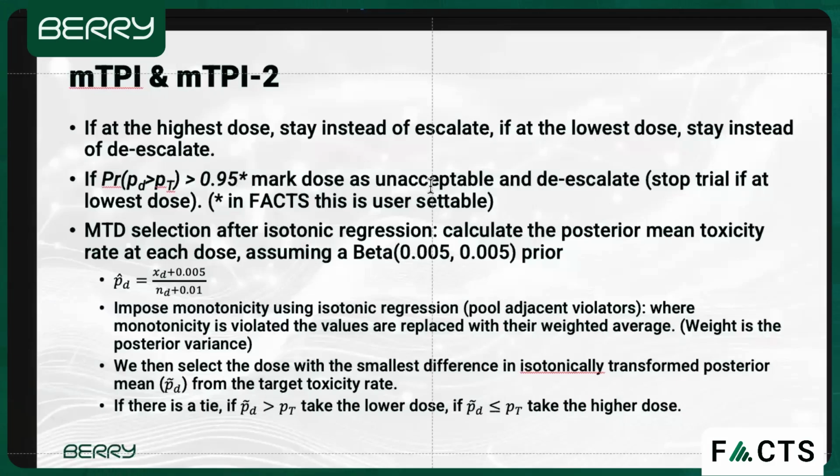And not only do you de-escalate from that dose, but you'll never return to it. You're prevented from re-escalating up there. And if that's at the lowest dose, then that's what causes an early stopping of the design.